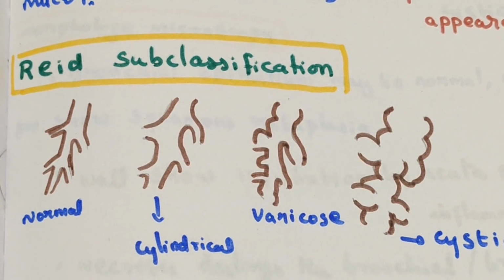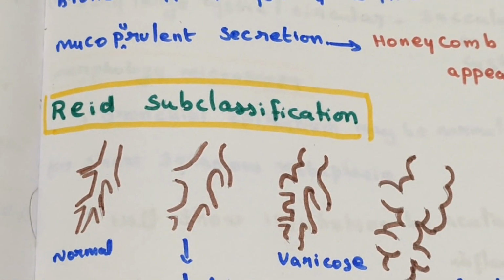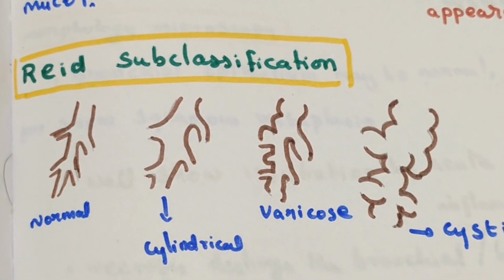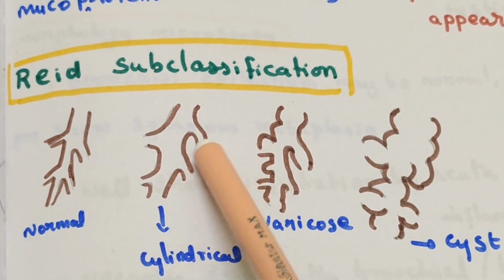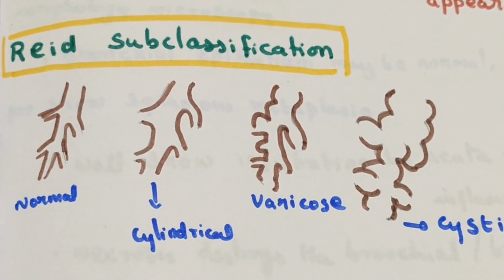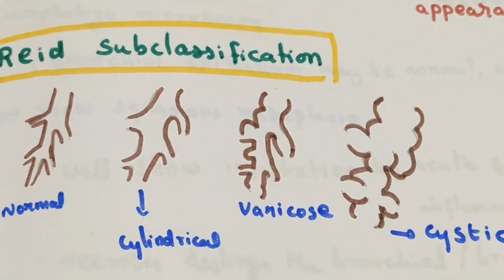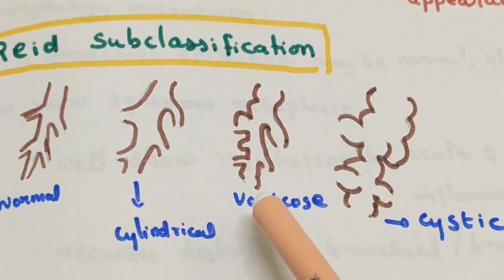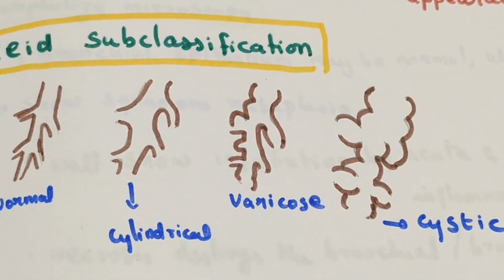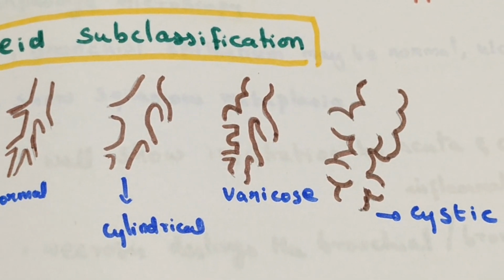This one is the normal bronchi. If there is uniform dilatation of the branches, she called it the cylindrical type of bronchiectasis. If there is irregular dilatation, it is called the varicose type of bronchiectasis.